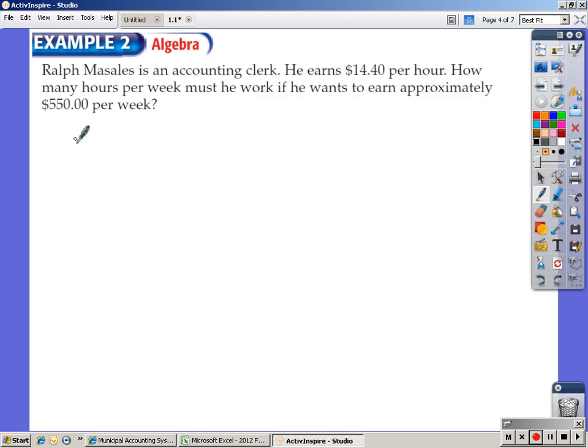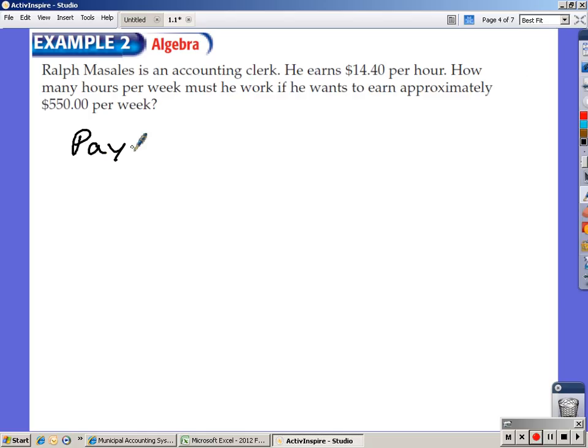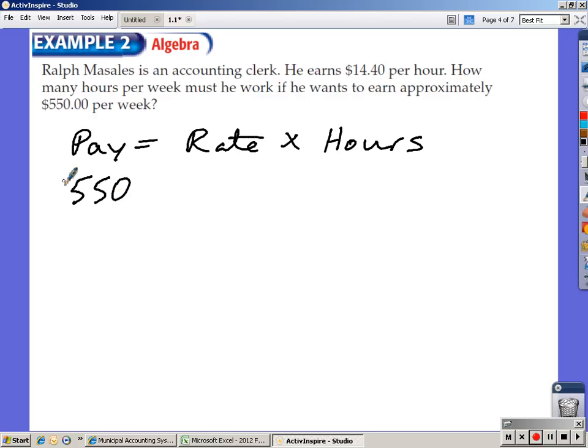Okay, so what do we know? We want a pay that is roughly $550. My rate is $14.40. And I want to find the number of hours worked.